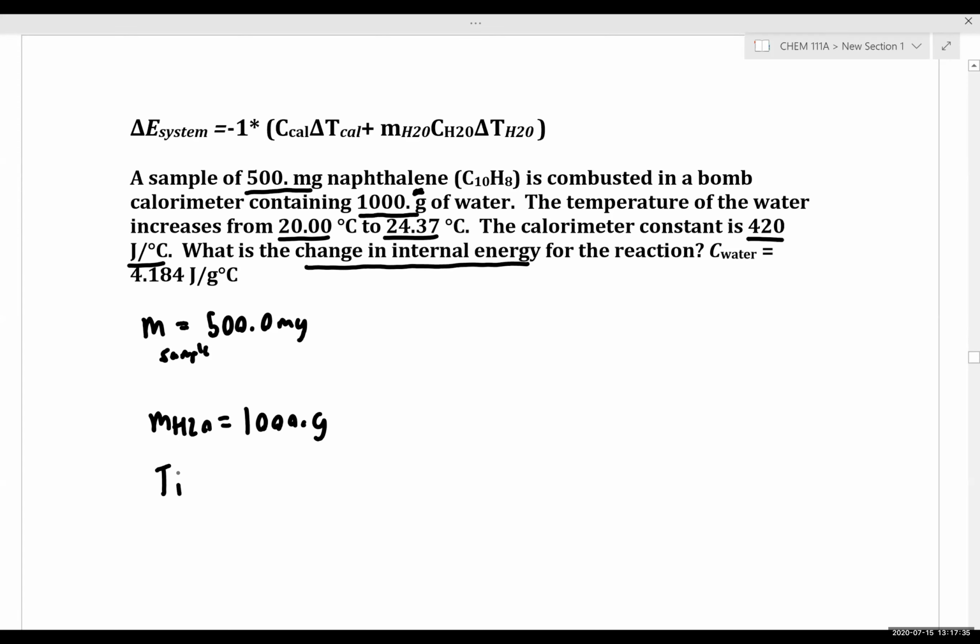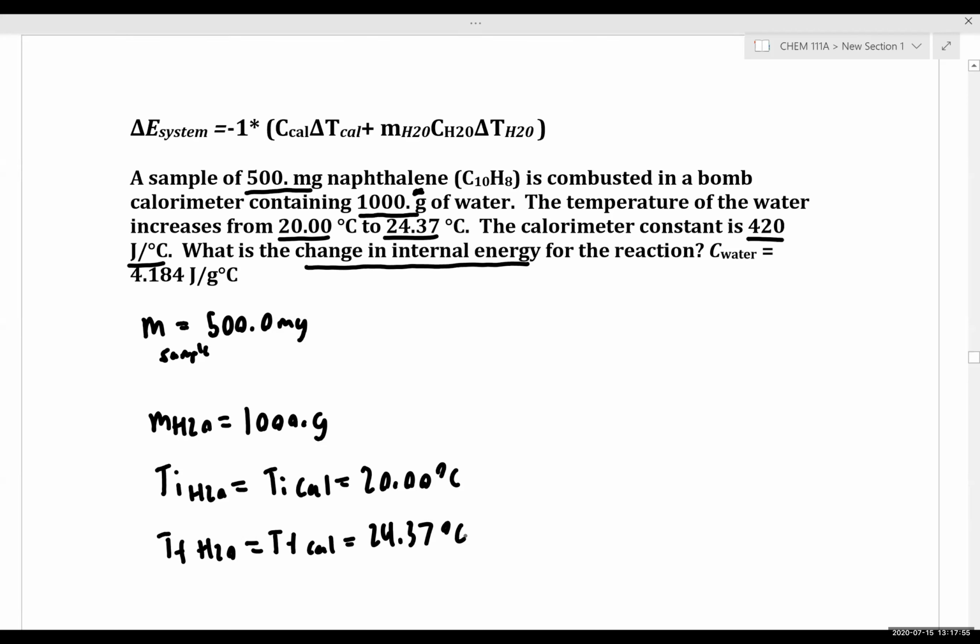The temperature initial of our water, which is equal to the initial temperature of our calorimeter, is 20.00 degrees Celsius. The temperature final of water, which is equal to the temperature final of our calorimeter, is 24.37 degrees Celsius.